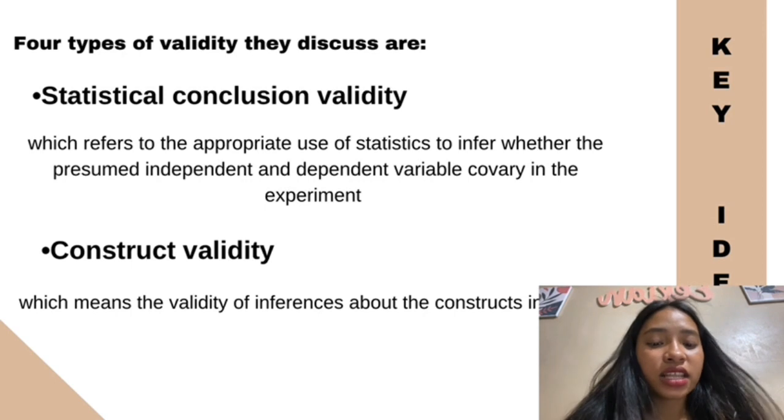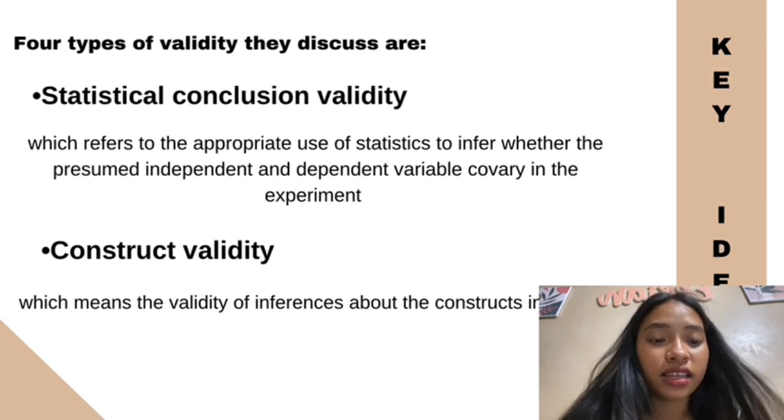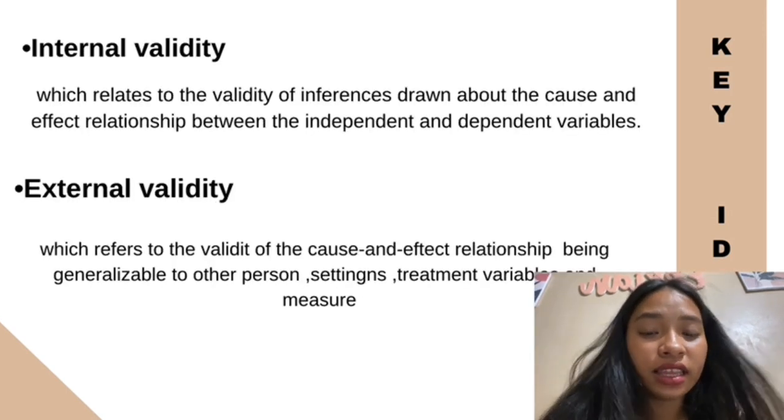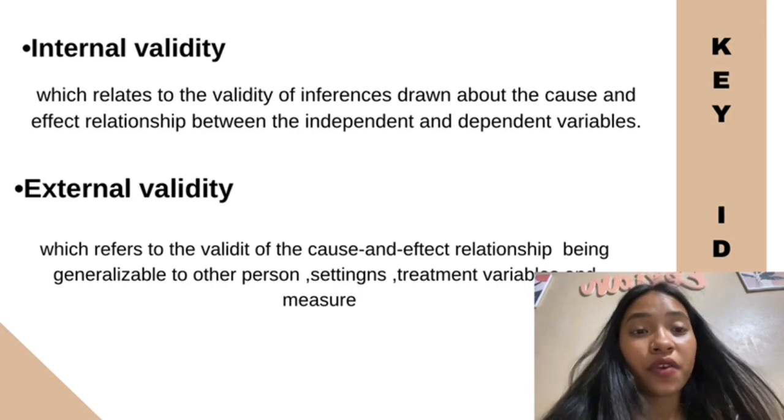The next is the construct validity. So, construct validity means the validity of inference about the constructs in the studies. So, internal validity. Internal validity relates to the validity of inferences drawn about the cause and effect relationship between the independent and the dependent variables.